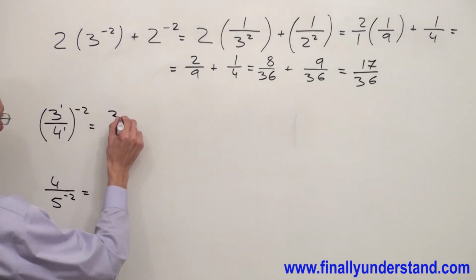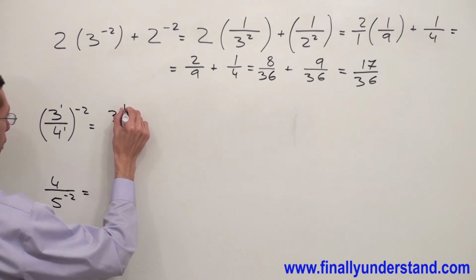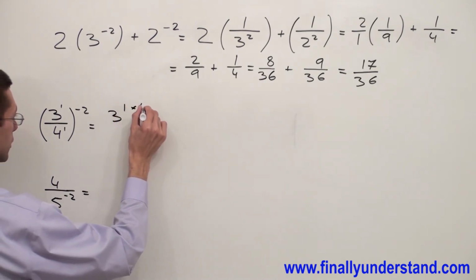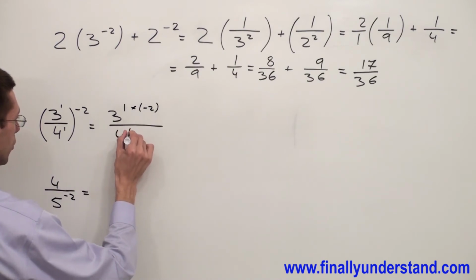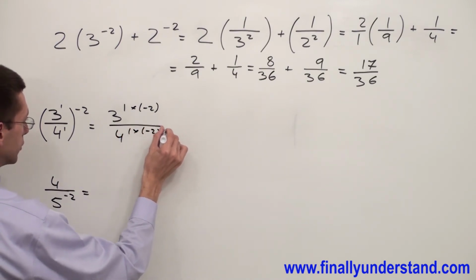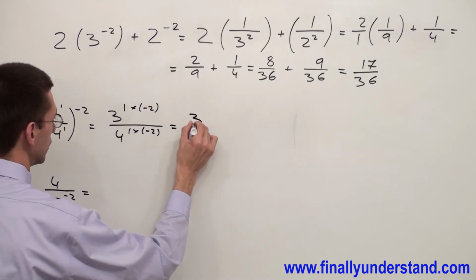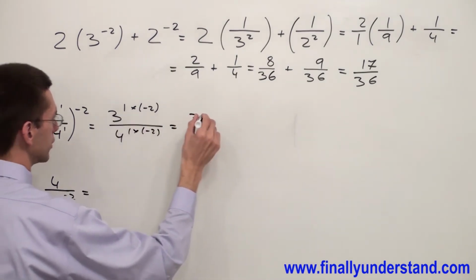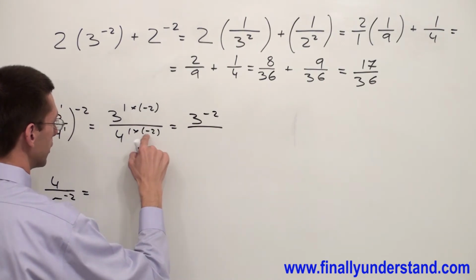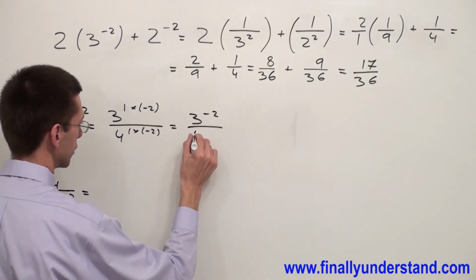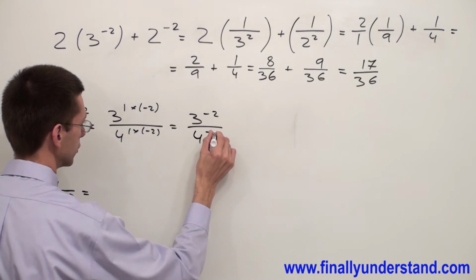So I have 3, 1 times negative 2 over 4, 1 times negative 2. 3, 1 times negative 2 is negative 2, and 1 times negative 2 is 4 to power negative 2.